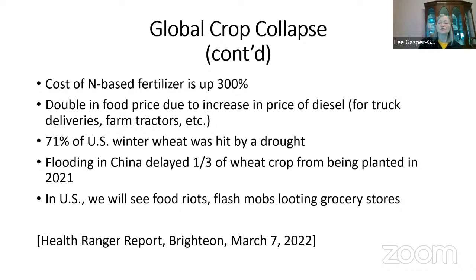And so you have to think the way diesel is used, like for running trucks for deliveries, farm tractors, etc. 71% of the US winter wheat was hit by a drought. Flooding in China delayed a third of the wheat crop from being planted in 2021. And in the US, it's anticipated that we will see food riots, and we will also see flash mobs looting grocery stores, because we've already seen flash mobs looting other types of stores, but it's going to be grocery stores in the future.